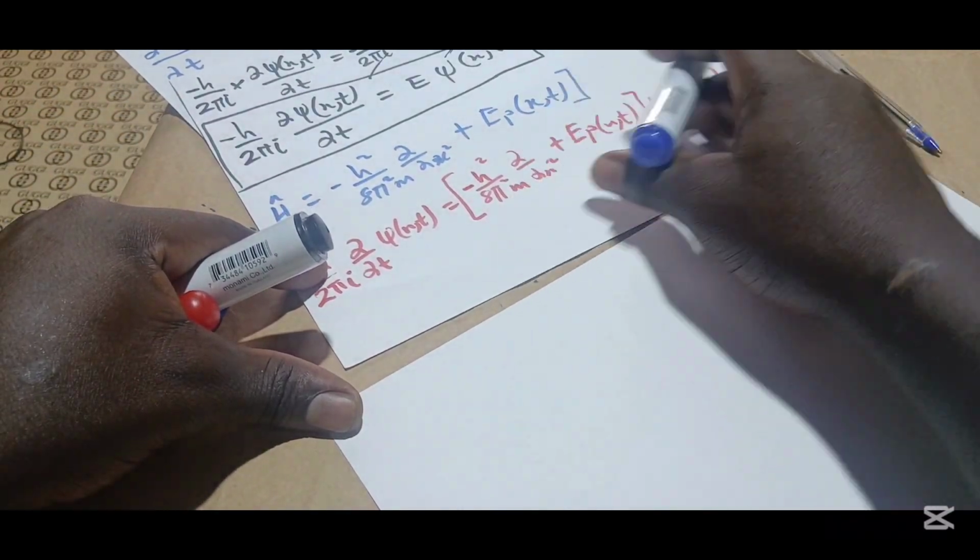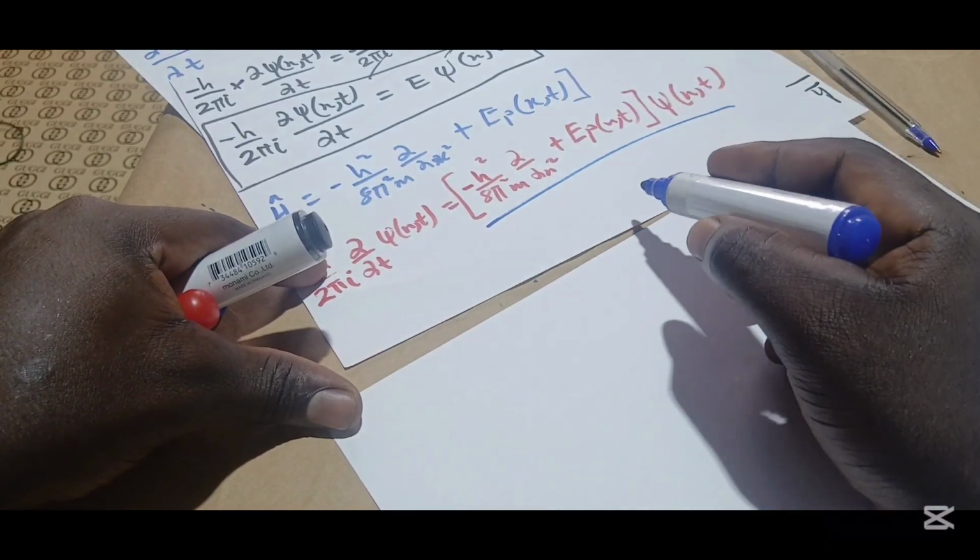So let me write the whole equation. I'm going to make this the left hand side, and this the right hand side.